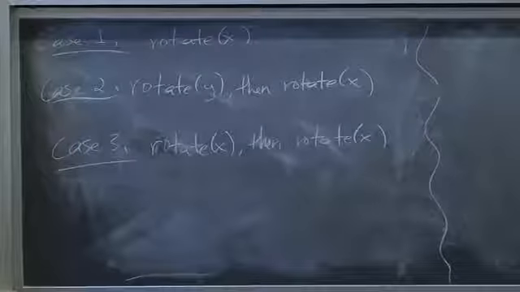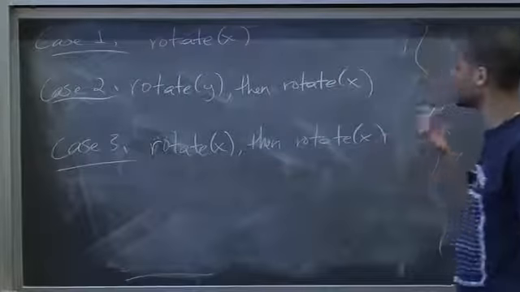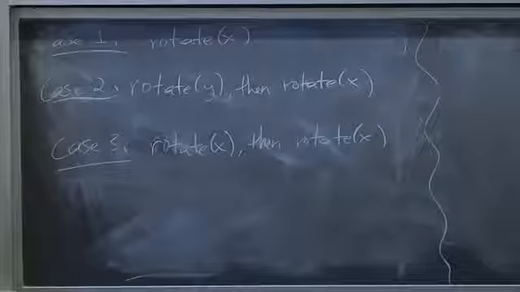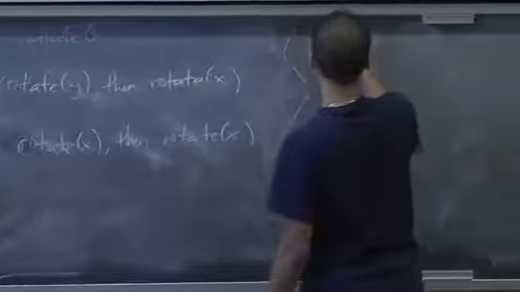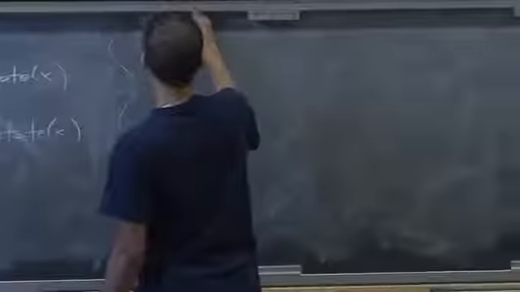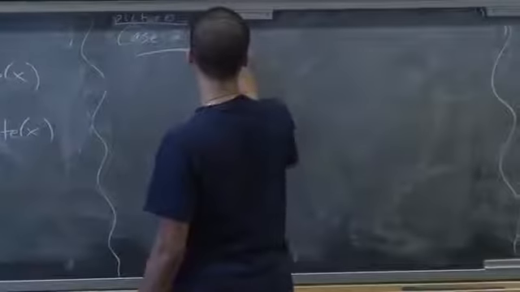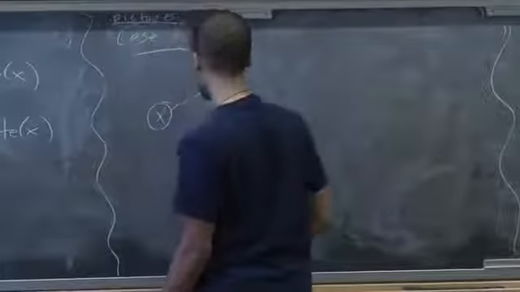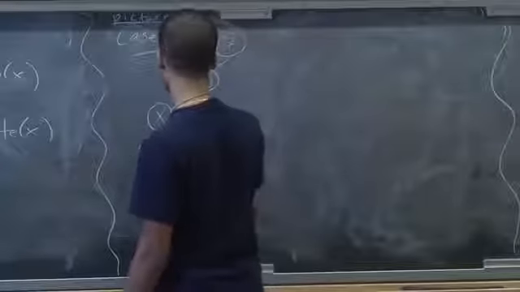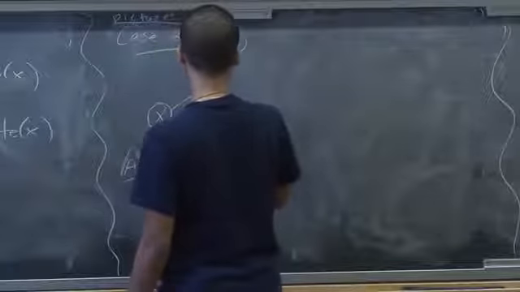So maybe I'll draw a picture. We already said what rotate looks like, so there's not really much to show you for case one. For case two, say left, left. Case two looks like z goes to y, goes to x, and then x has a and b down here, and c, d.